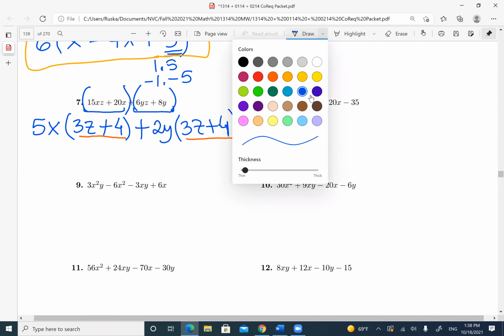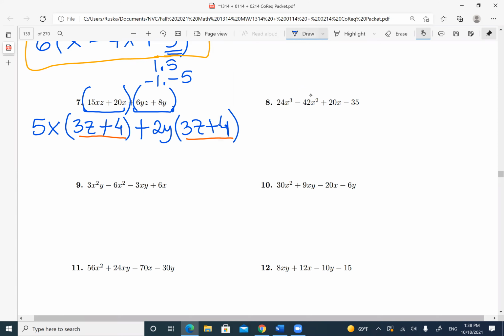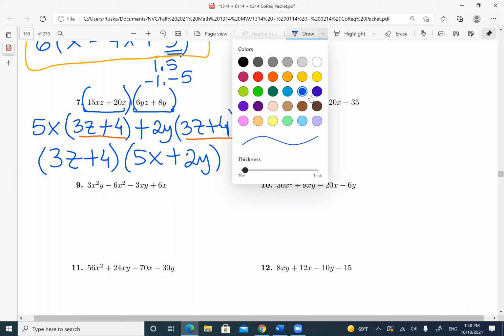If they're the same, you pull that out like a common factor. So you have 3z plus 4 in front, that's the common factor for those 2 terms, and then 5x plus 2y is left. And that's my final answer.